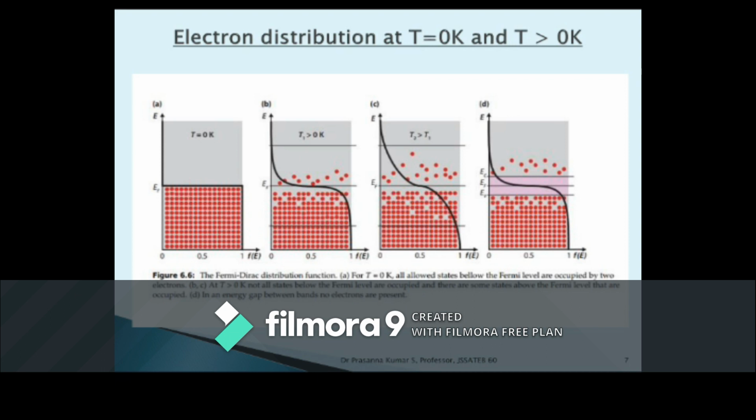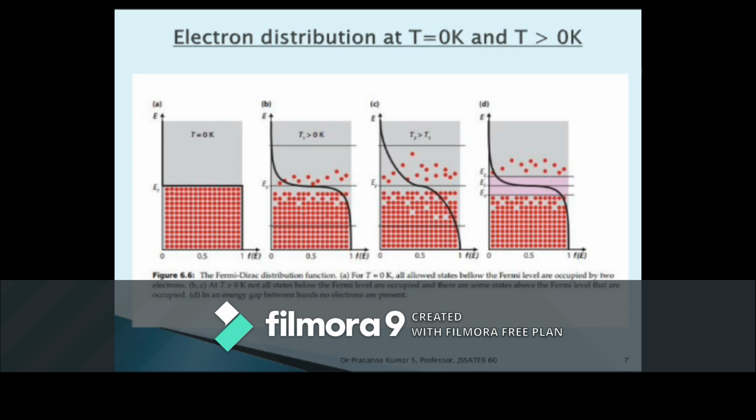As temperature increases, as in the second and third diagrams, the electrons start entering the vacant sites, and that increases as the temperature is increased. Only those electrons nearer to EF are taking part. Only the electrons very close to EF take part in the conduction, and you don't see the electrons at the bottommost, lower levels taking part.